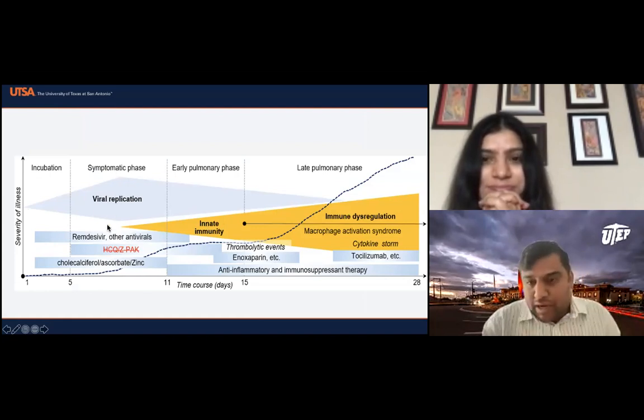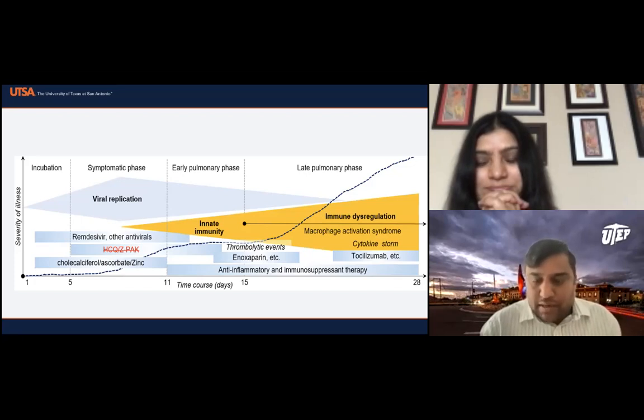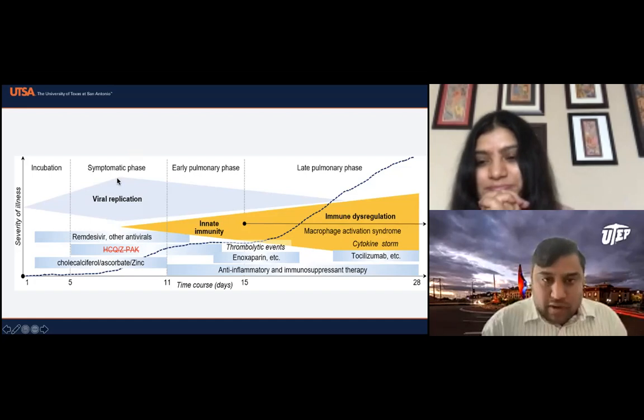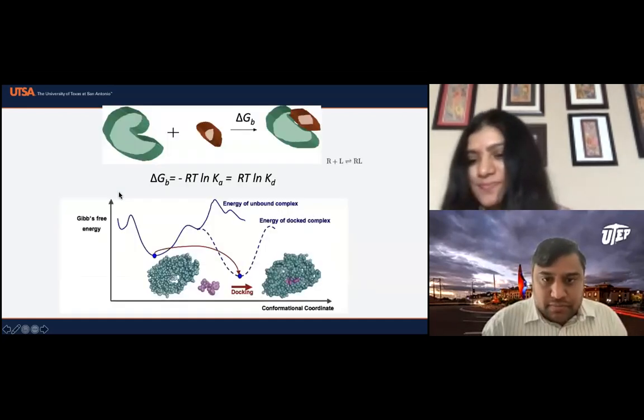Thank God we now have vaccines, but there are still people getting infected, not everyone gets vaccinated, and we don't have enough vaccine distribution at the moment. So even though we have vaccines, therapeutics are important. Our main target is this viral replication process, so we're trying to find therapeutics targeting proteins that are involved in it.